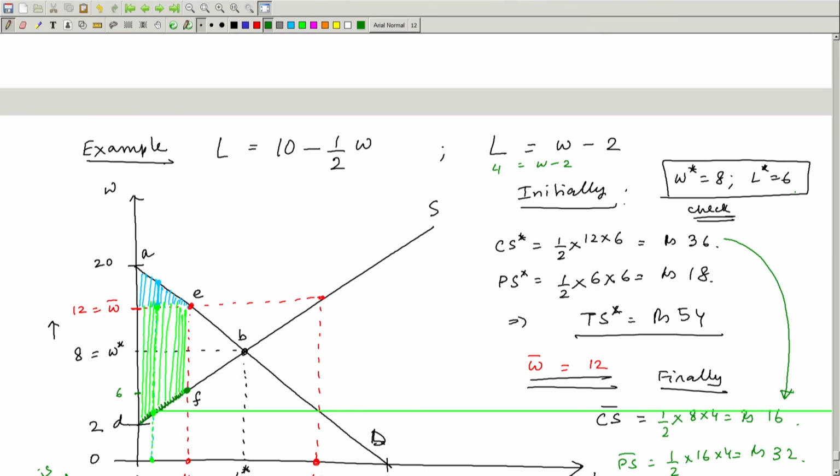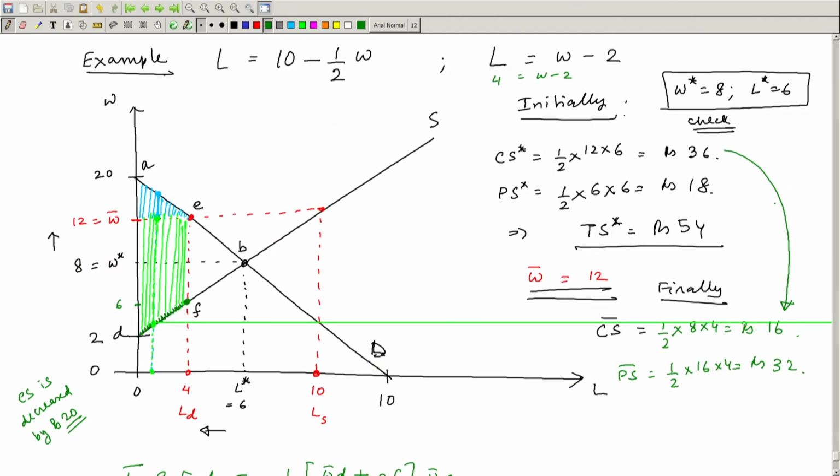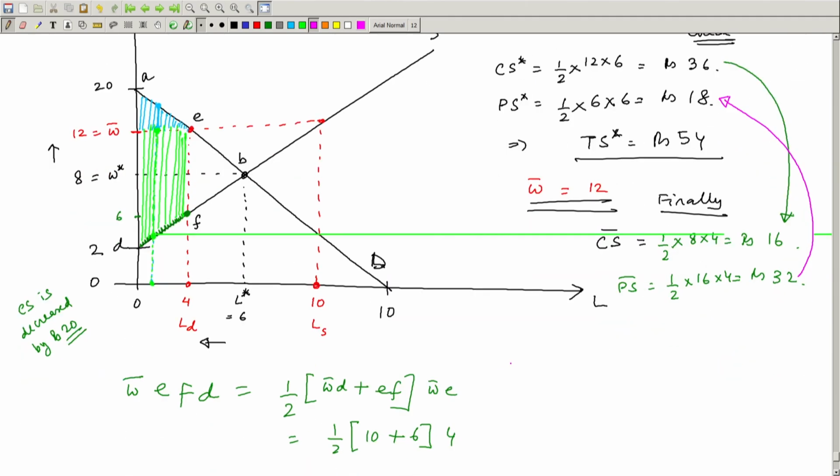So, now notice that compared to the previous case, the producer's surplus has increased by rupees 14. Now, CS decreased by 20, of which 14 got transferred to the producer, which means the amount unaccounted for is still 6, right.